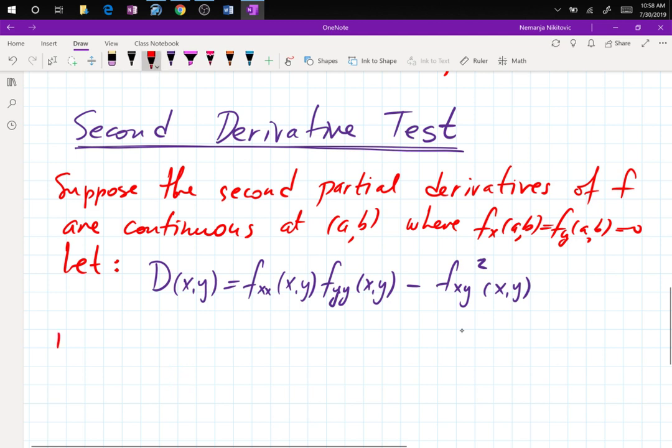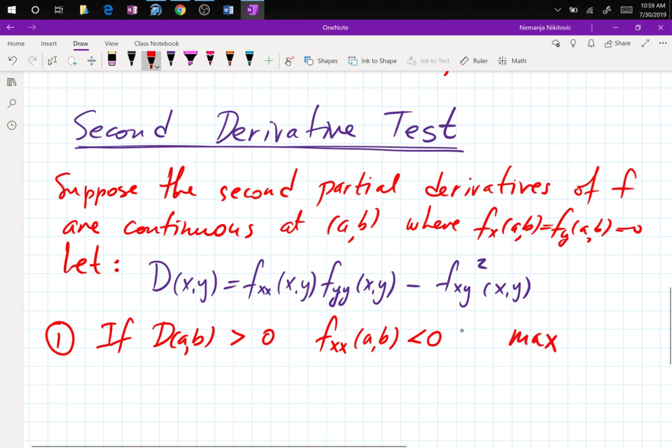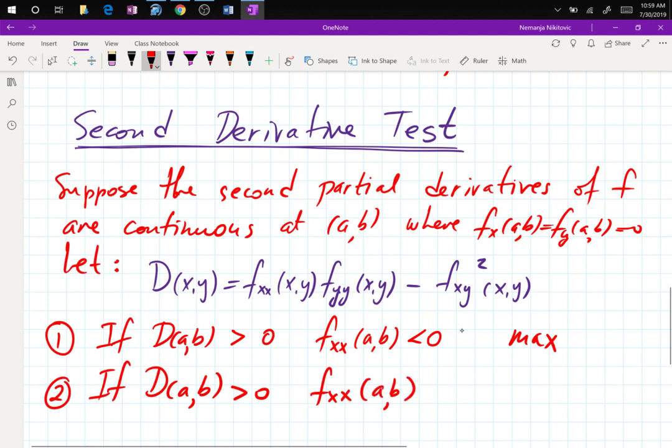So 4 cases. Number 1. If D(a, b), which is the formula you're calculating up there, is larger than 0, and fxx(a, b) is smaller than 0, we have a max. Number 2, if D(a, b) is larger than 0 and fxx(a, b) is larger than 0, we have a min.